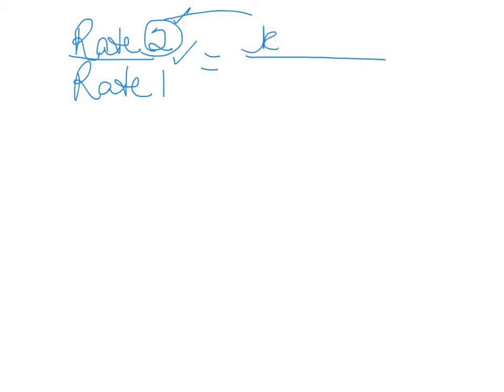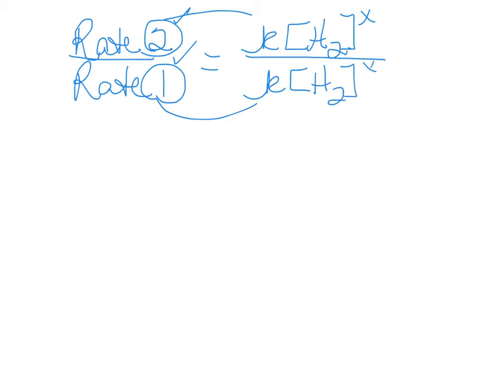The rate constant times the concentration of the reactant you're concerned about, raised to some power, which we pretend we don't know yet, and the rate of experiment 1 is the same general expression. The k's are identical, the x values are identical. The only thing that has changed is the concentration of H2. So we'll put a little 2 here, that's the concentration of hydrogen gas in experiment 2, and this is the concentration of hydrogen gas in experiment 1.